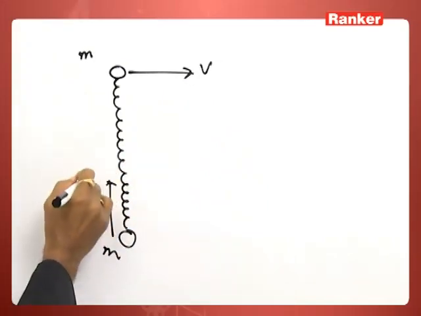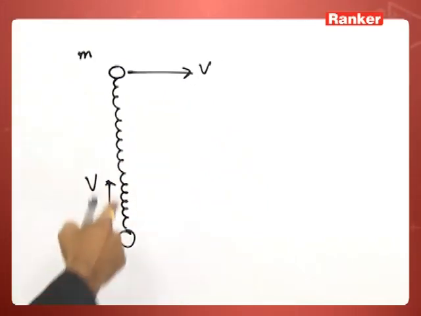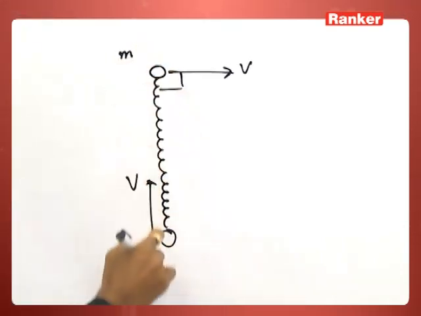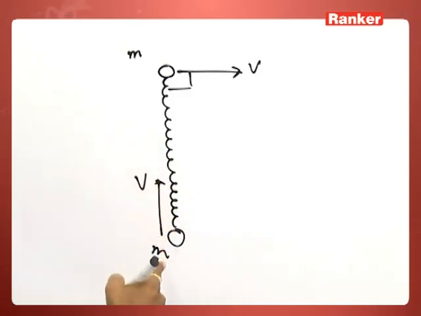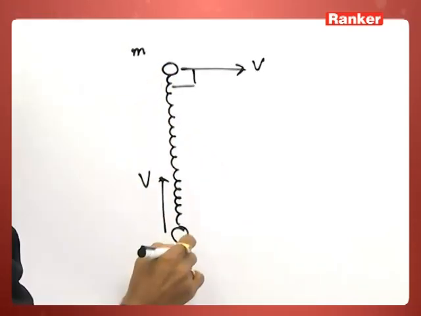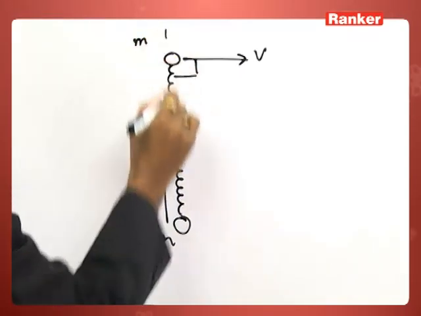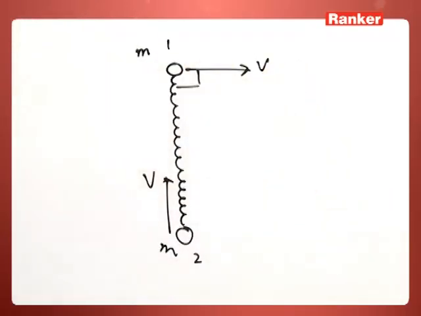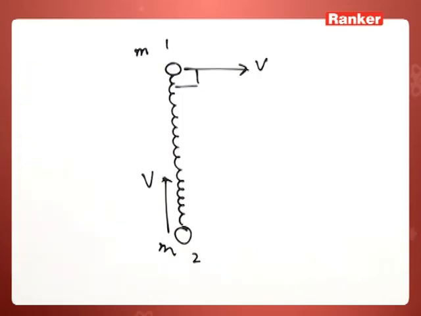Its velocity is v. This velocity is perpendicular to the spring and this velocity is along the spring. This particle 2 moves along the spring and this particle moves normal to the spring in the same plane.